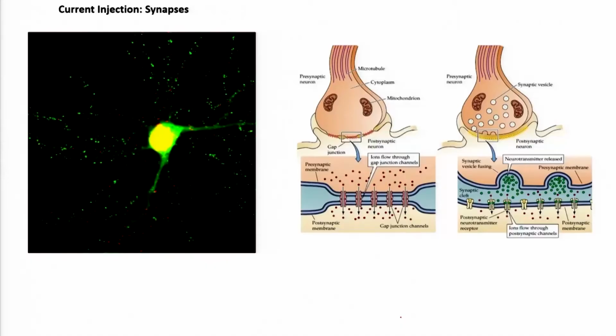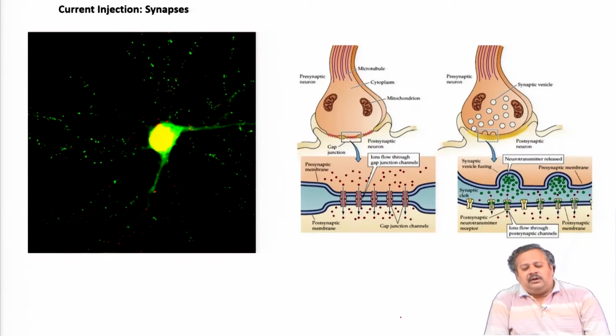As we had discussed, there may be thousands of synapses on a neuron. As you can see on the left, every green dot on the neuron's dendrites is a location of a synapse, basically on the spines, and these are locations of what we call chemical synapses.